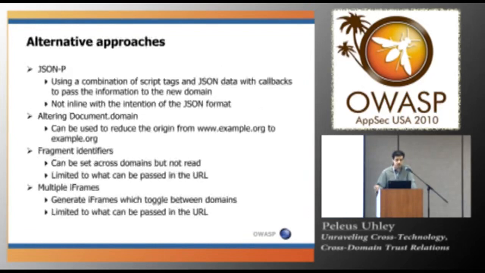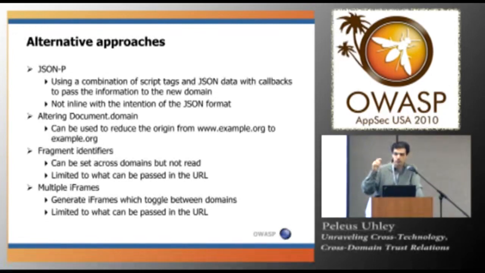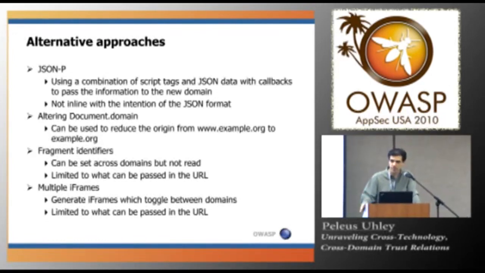You've seen places with JSON requests where they would do cross-domain sharing of information via JSON requests and using eval, or altering document.domain. If you change the domain within JavaScript to the parent domain, so if you change www.example.org to example.org, you can get the browser to allow JavaScript requests within the parent domain.